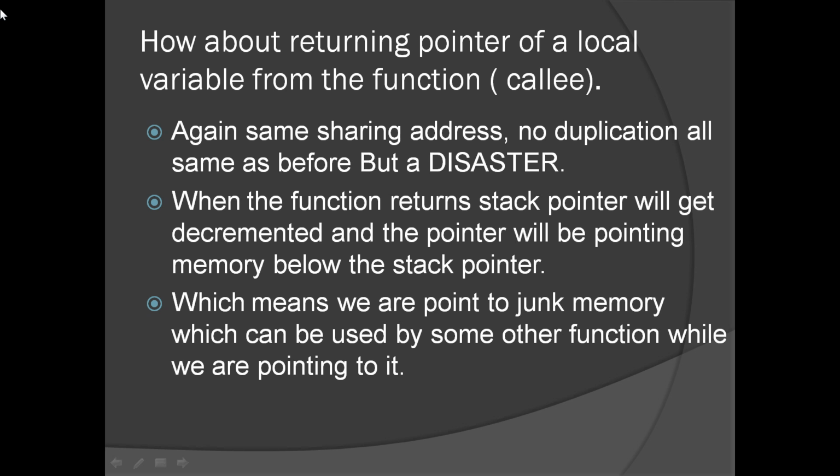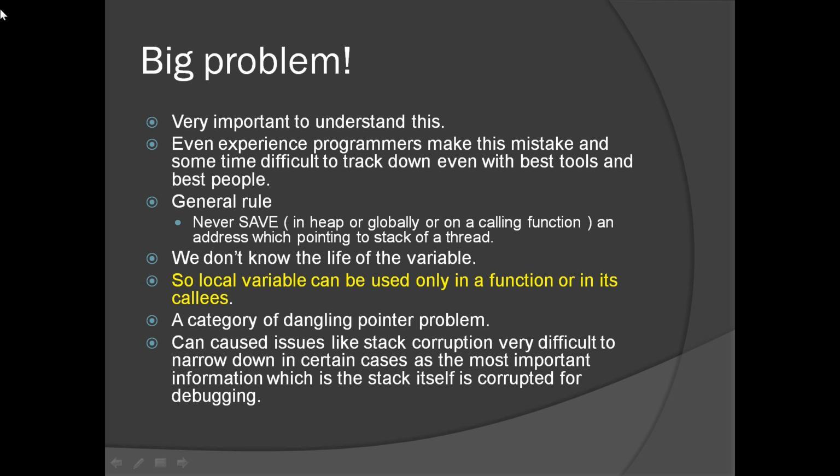If you want to transfer something from callee to caller, return the value as value itself by making a copy on the caller stack, or use the memory allocation which is done by the caller and pass it to the callee. So this can lead to stack corruption.